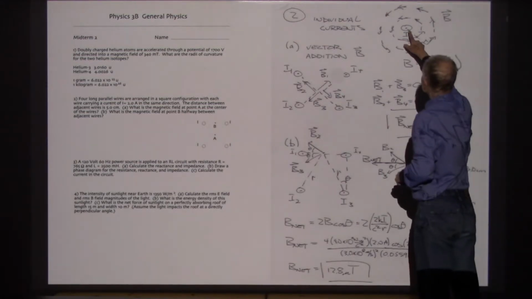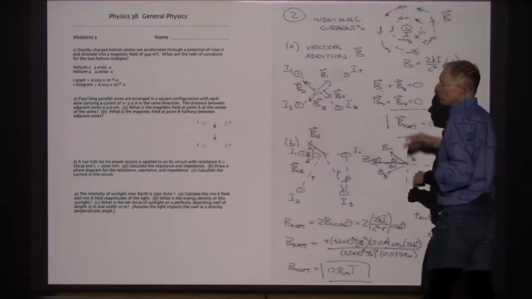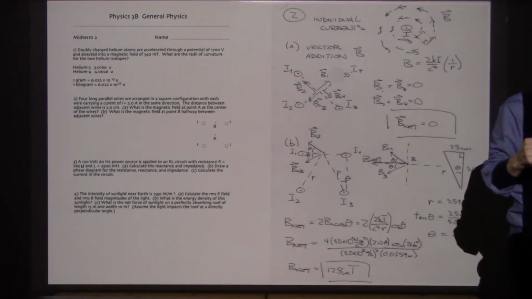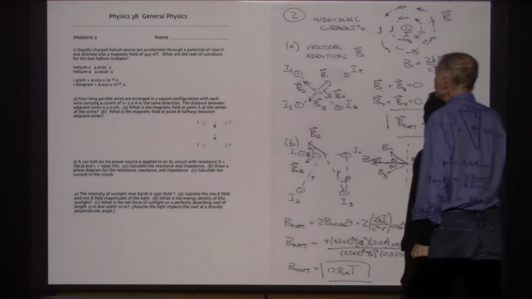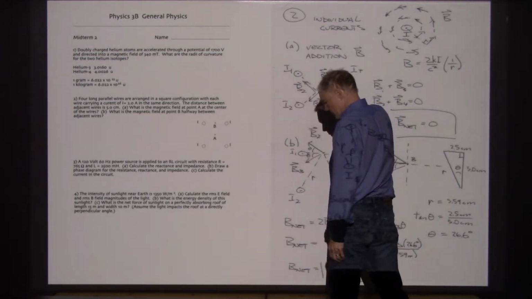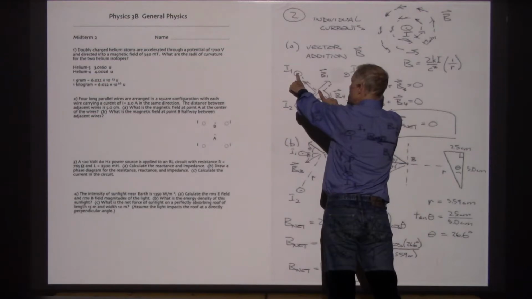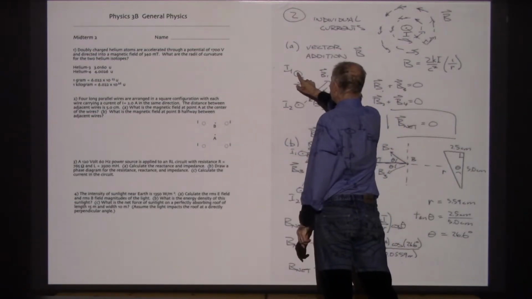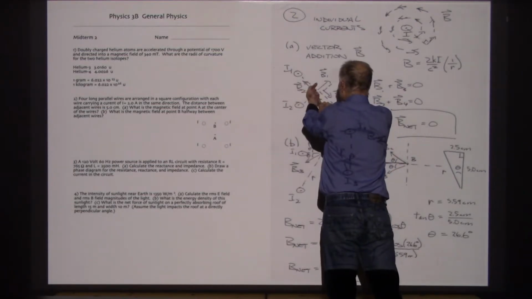So I've assumed that the currents are coming out towards us. Now, if you remember, if we look at a wire, the magnetic fields are going to be right-handed loops surrounding the wire. And so if I've got a point right here, and I'm asking what's the contribution of the magnetic field due to the presence of current number 1, I can come out from current 1 to that point, and then I turn 90 degrees.